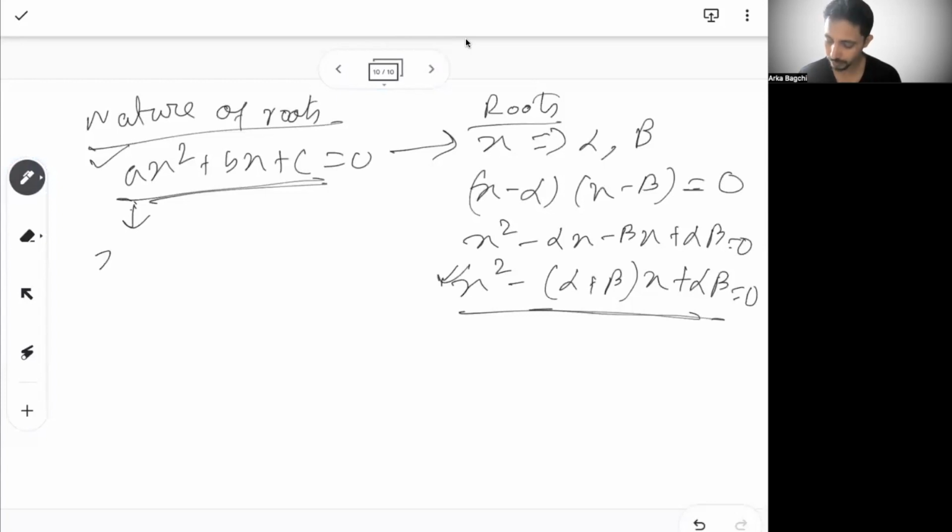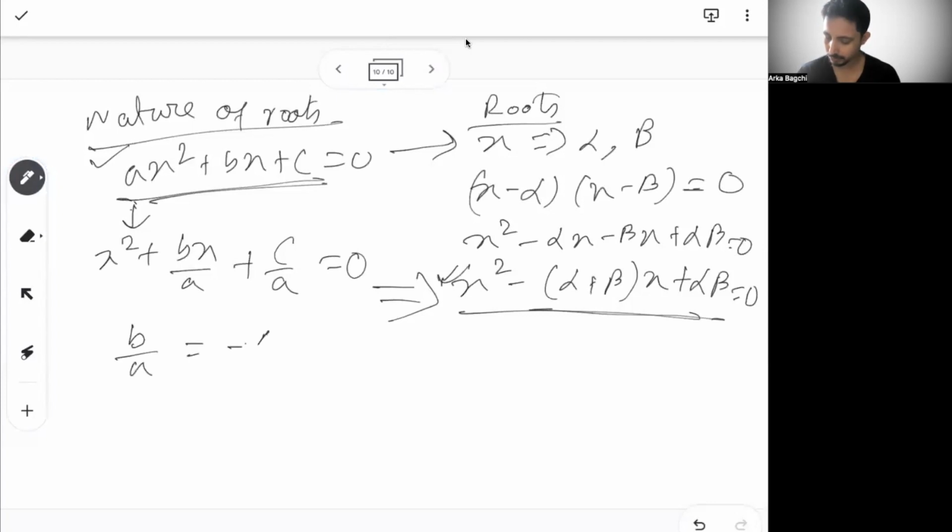So x square plus bx by a plus c by a equal to 0. Now this will be comparable with this equation. So can I say b by a is equal to minus of alpha plus beta, and c by a is equal to nothing but alpha beta.